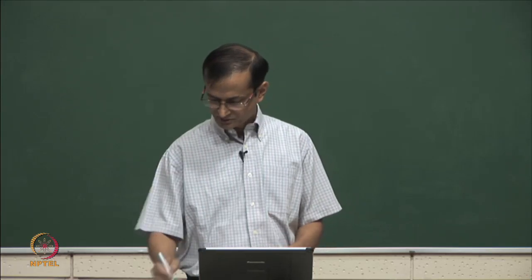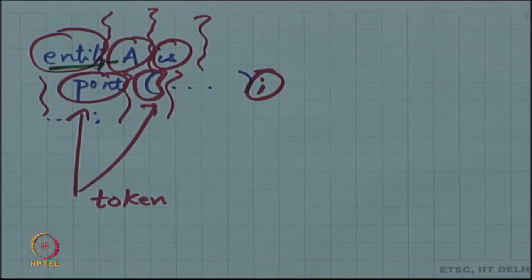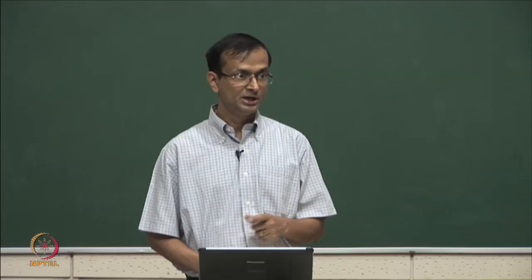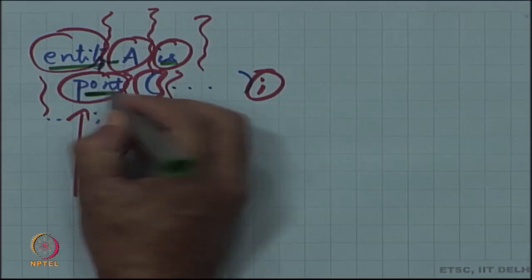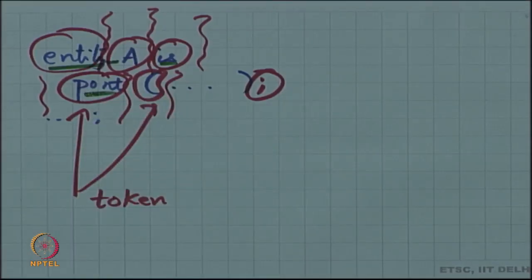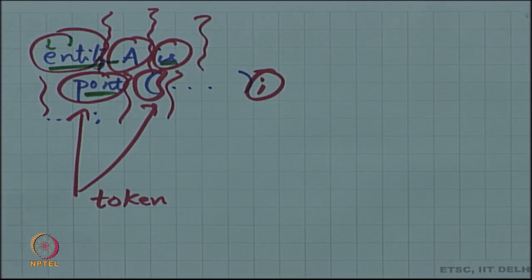Of course, as of now, there is nothing that is hardware specific or dependent here. There is a distinction here for a keyword like entity. That is provided as an input to the lexical analyzer. Entity and port are keywords that are already provided, so it reads these things a character at a time and builds that word called entity.